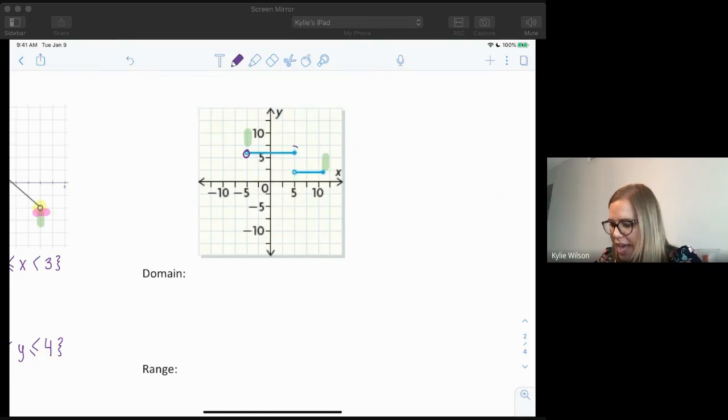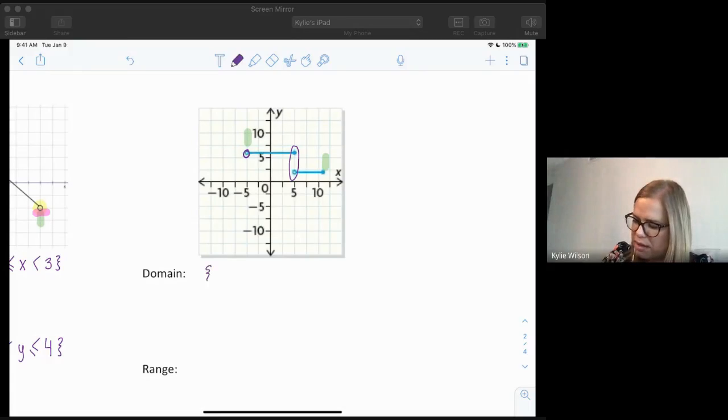So x, we have this little jump here. So at 5, we have an open dot. So 5 isn't included there, but 5 is included up here. So what that means is that it ends up being a continuous line because we have these open and closed dots. So just be mindful of that. It's a little funny, but it keeps it being continuous.